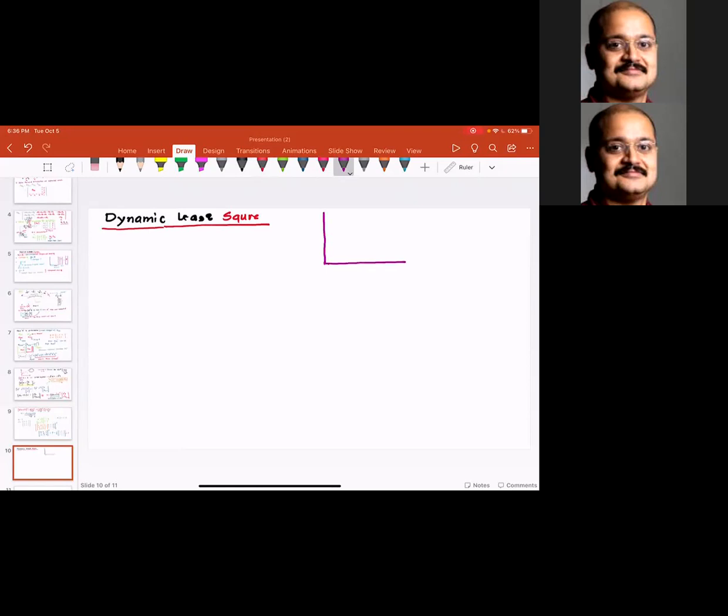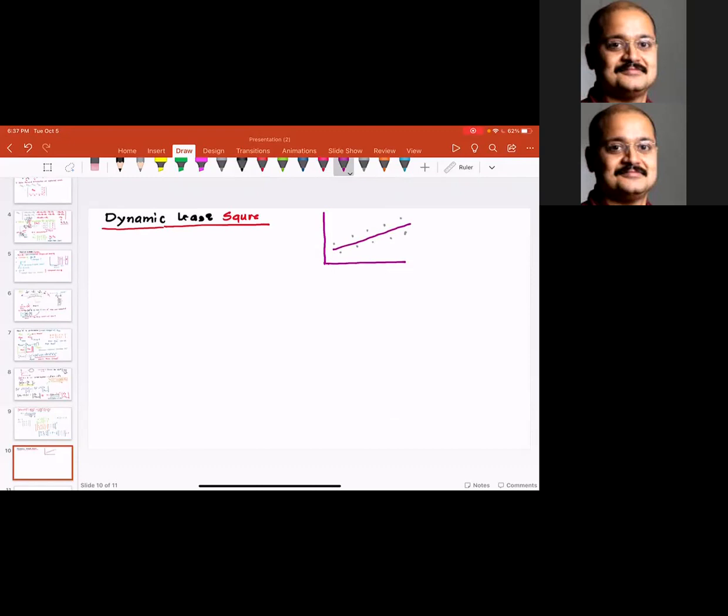Now what you have is at time t equal to 0, you have this data set. And what you did, you used your linear algebra tools and found out that this is the straight line.